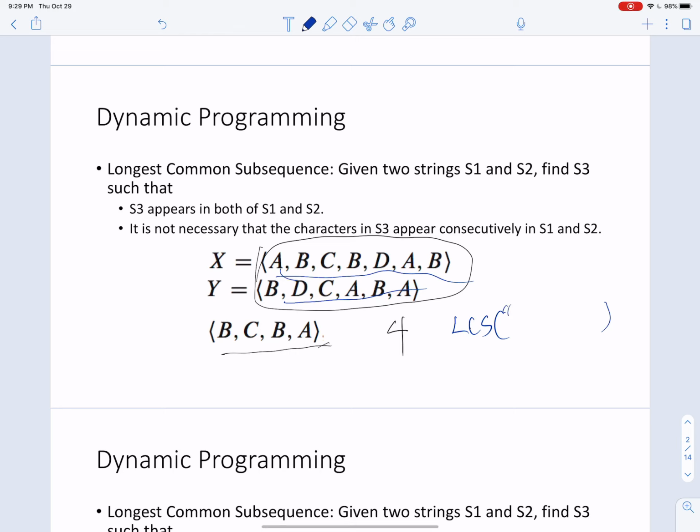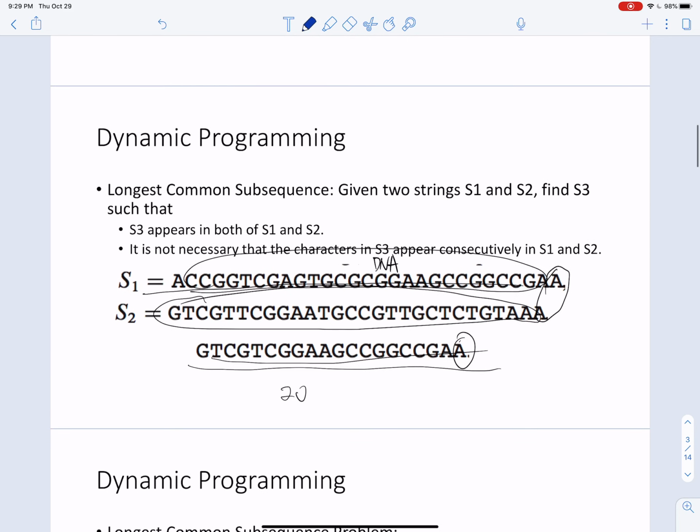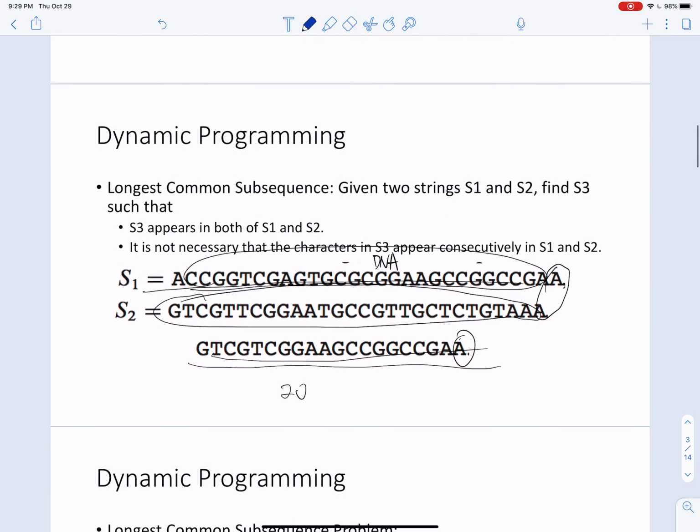The first string is right over here, ABCBDAB, and the second string is BDCBA. From this slide you can see that the longest common subsequence is BCBA. So what's the length? 4, right? So the first output that you expect to see from your print is just 4.